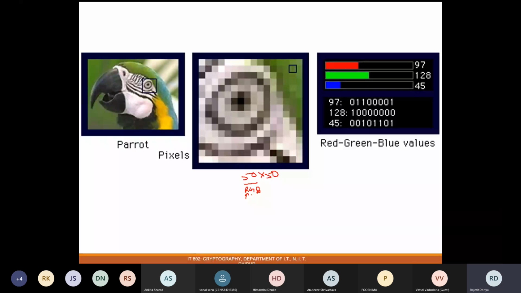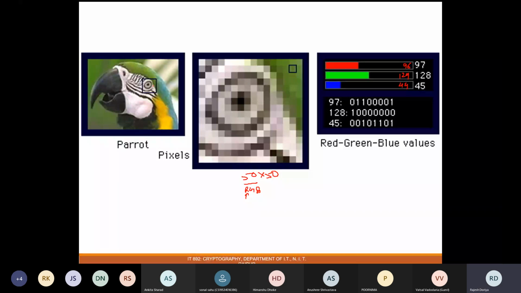and after changing that value by a very low amount, for example 97 changed to 96, 128 changed to 129, and 45 changed to 44, the changes will be totally undetected. There will not be any significant change in the color.